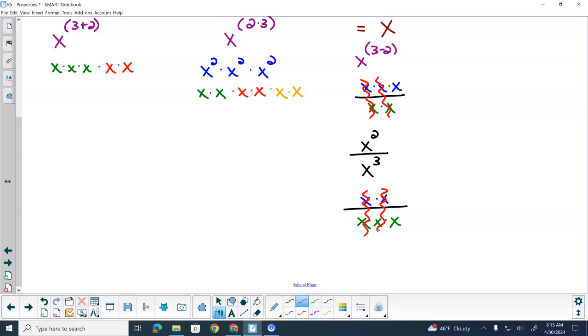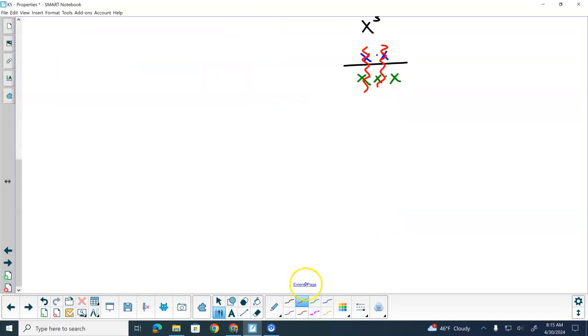So what's left over? 1, 1. What's the only thing that's not crossed out?